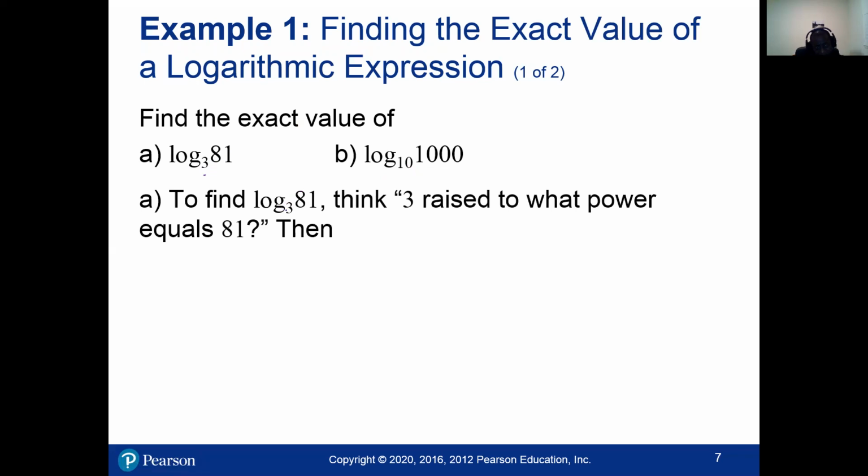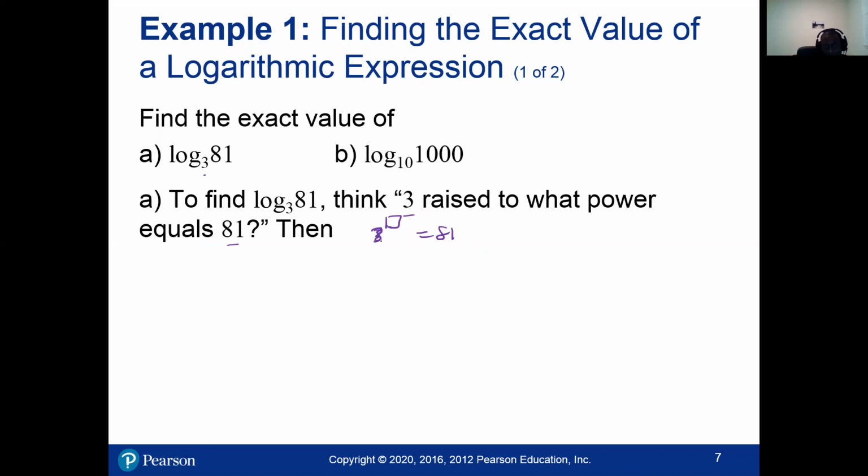To find log 81 base 3, you think of it this way: 3 raised to what power equals 81?